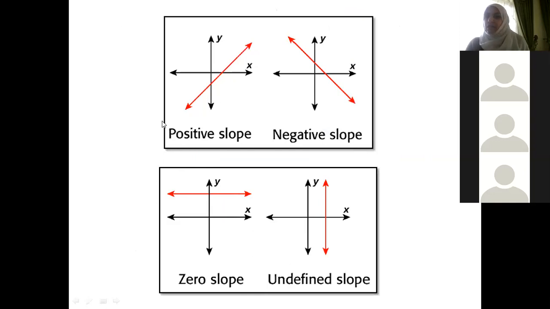So it's either increasing or decreasing, that would be negative, or it's a horizontal line parallel to the x-axis, and that would be a 0 slope, or it can be a vertical line, and this is what we call a non-defined slope.